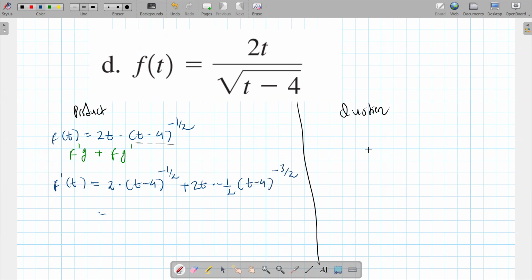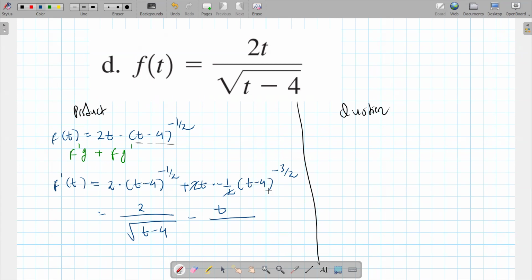You don't have to factor it, but because I want to show you that they both give you the same answer, I'm going to factor this. 2 over the root of t minus 4 plus 2t. Actually, these two cancel out. And then minus 1, I guess this becomes minus. So there's still a t in the numerator.